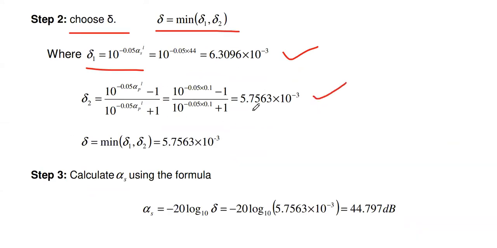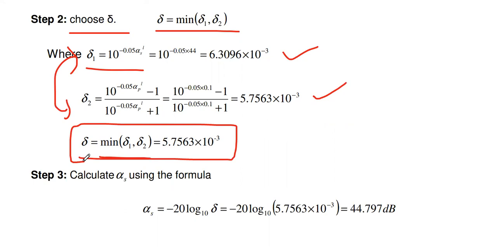The answer is 5.7563 into 10 to the power minus 3. So out of delta 1 and delta 2, which one is the lowest value? Delta 2 is the lowest value. Therefore delta is equal to the minimum of delta 1 and delta 2, so you just write the delta 2 value. That's the second step.